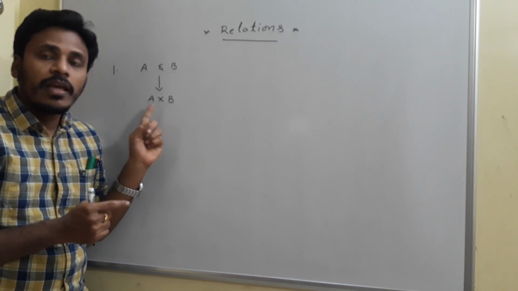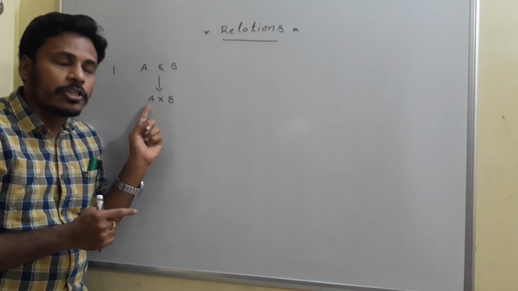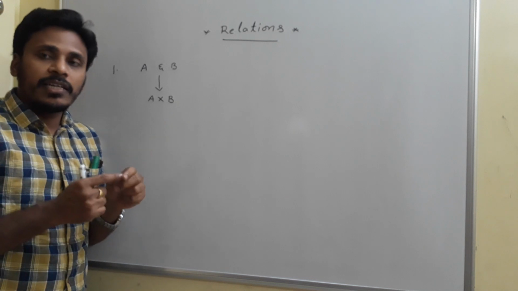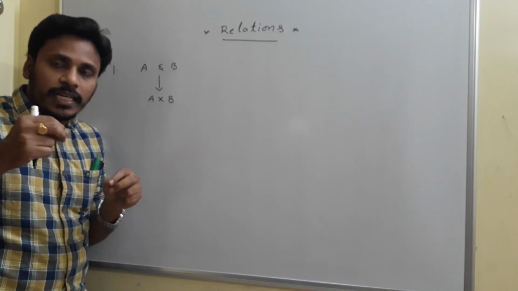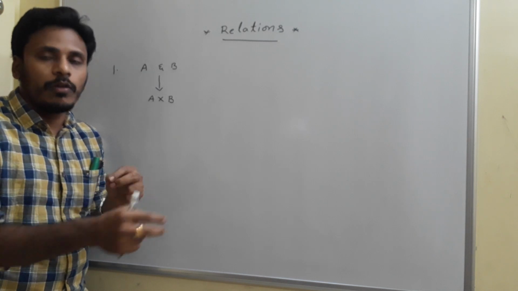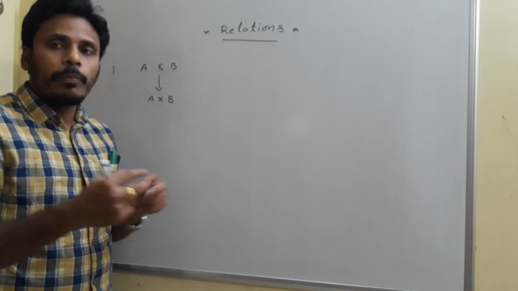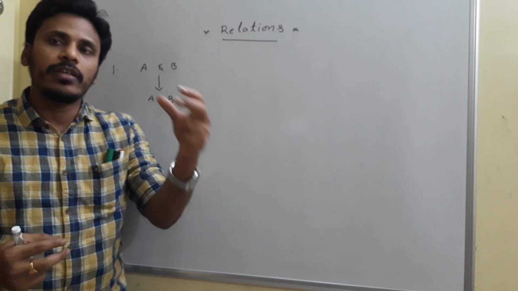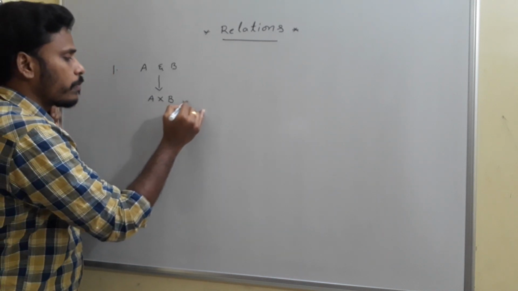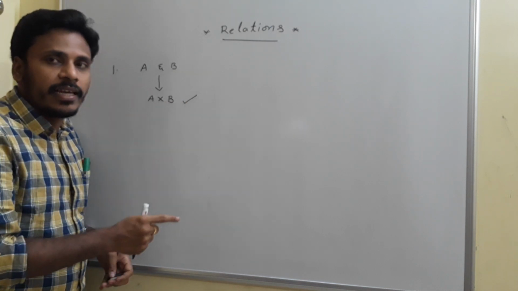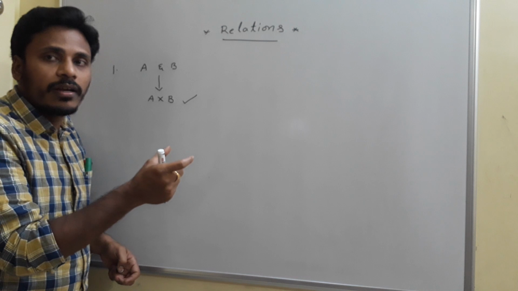In the sense, A cross B, the Cartesian product of A and B, connects every element of set A to every element of set B in all possible ways. So in all possible ways we just connect the elements of A to the elements of B in A cross B. And as I mentioned, A cross B is again a set and it consists of ordered pairs.